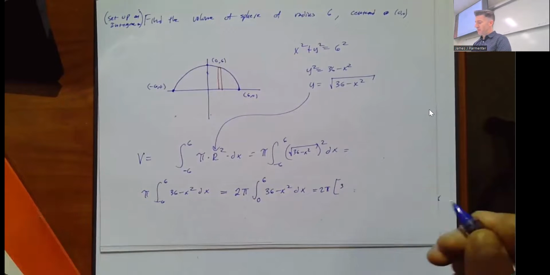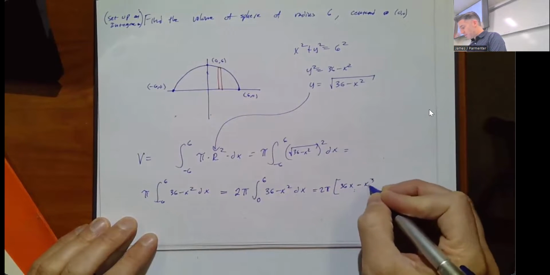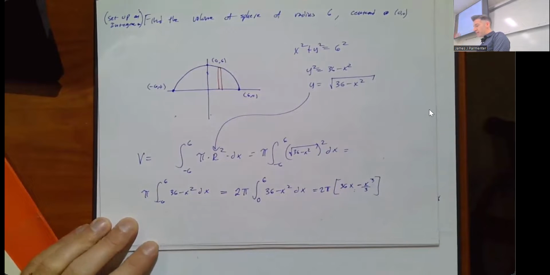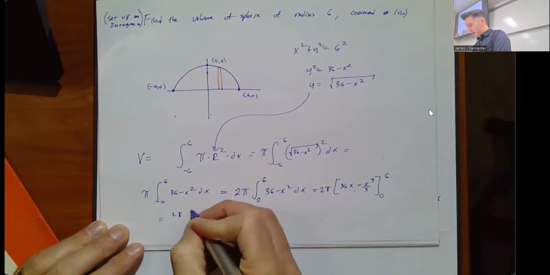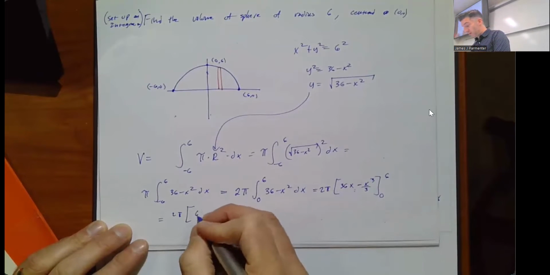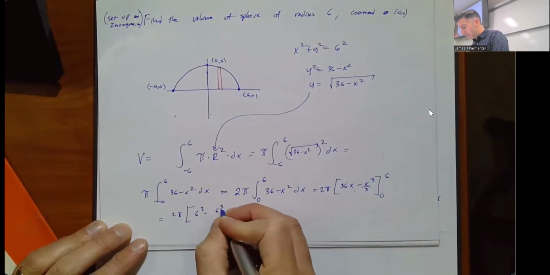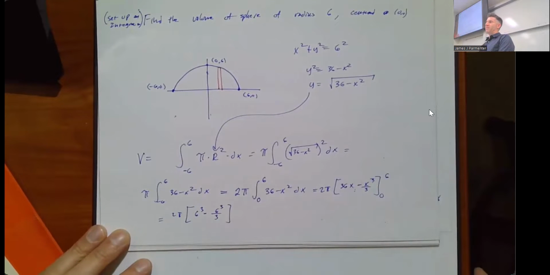I know I said setup, but I'm going to finish it because I want to see what it looks like. So you get 36x minus x cubed over 3. And if we plug in 6, we're going to get 2 pi times 36 times 6, which is 6 cubed, minus 6 cubed over 3. And instead of actually thinking about what 6 cubed is, although it's not too terrible, we could factor out the 6 cubed.